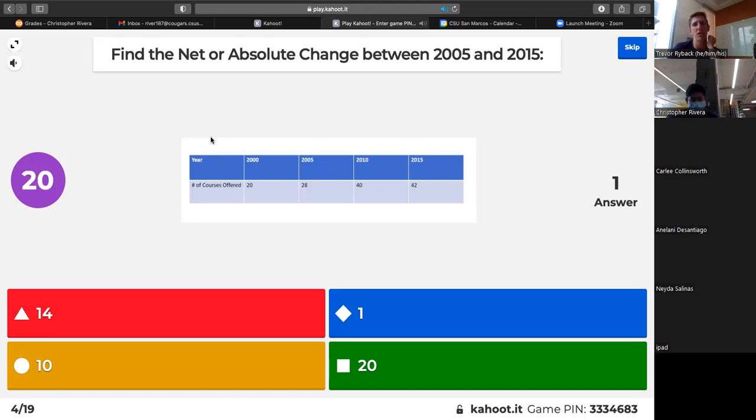The net change and absolute change are the same thing. So if there's any confusion with the verbiage, finding the net or absolute change means the same thing.